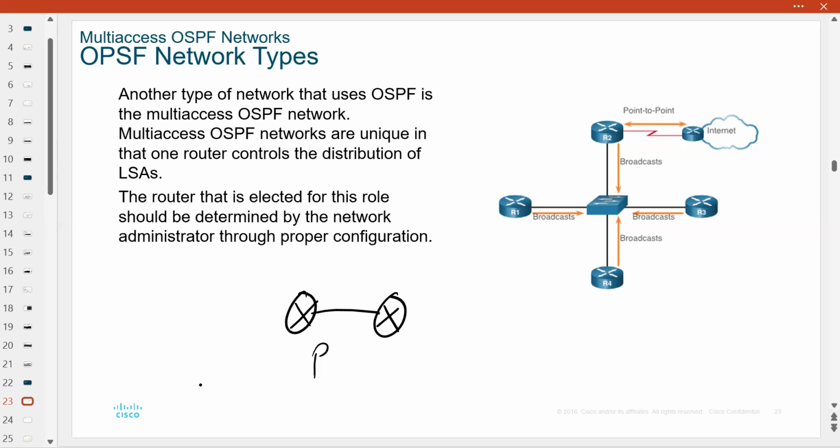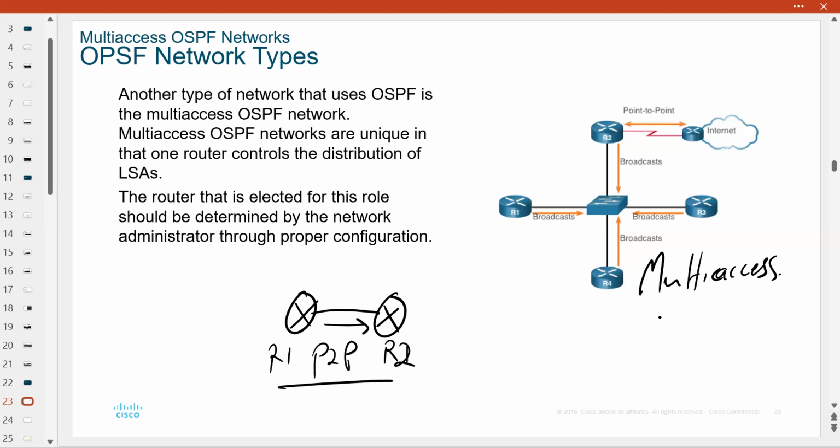So this is P2P, communication between two routers, and this is multi-access, two different things. The difference is in P2P, if router 1 communicates with router 2, there is only communication between these two devices on this link. There is nothing else but router 1 and router 2 messages on this link.